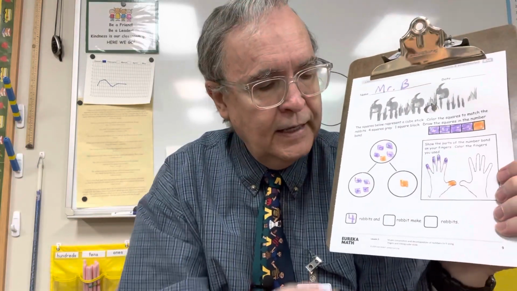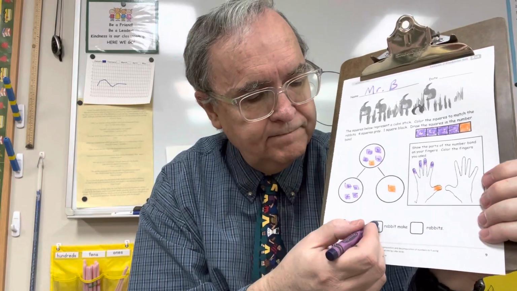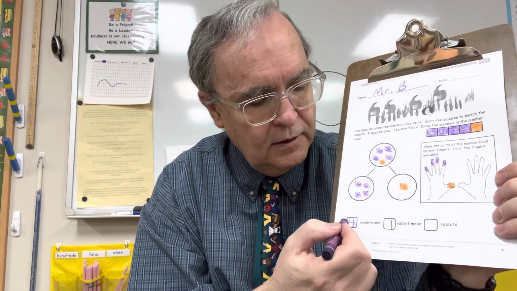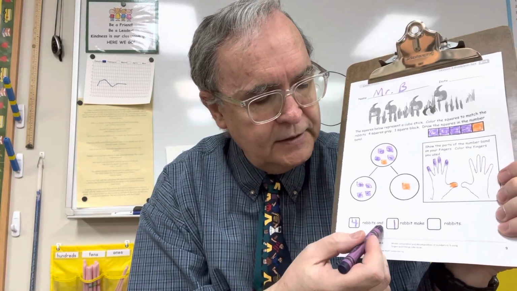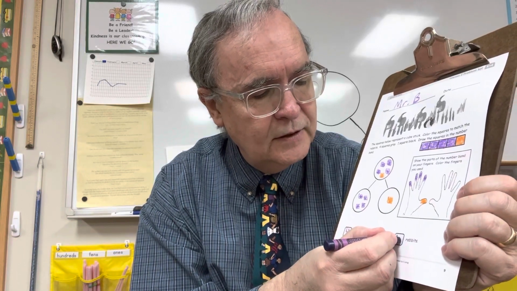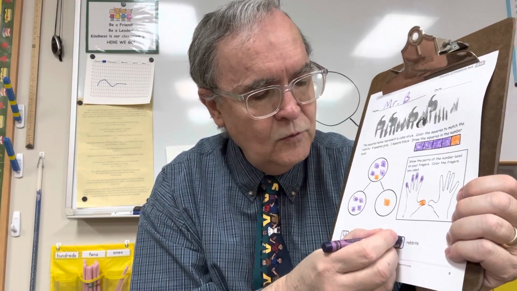That's the way to make a 4. And how many rabbits were laying down? 1. I'm going to write a 1 in there. 1 rabbit. So now it says 4 rabbits and 1 rabbit make how many rabbits? 5. Down the street and around the bend. Oops, I forgot my hat again. 5 rabbits. That's the whole.